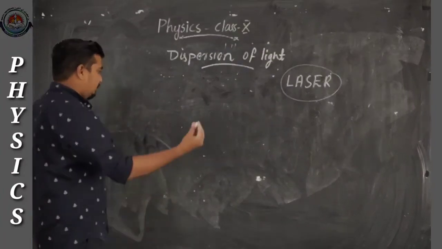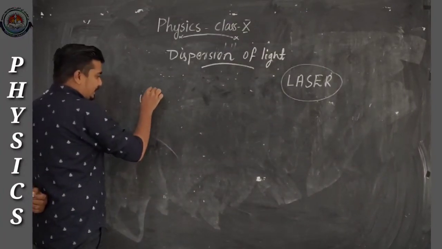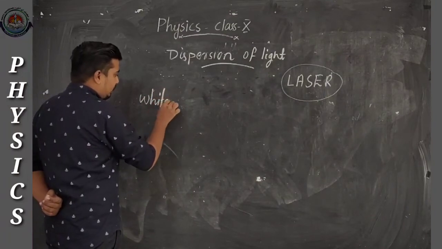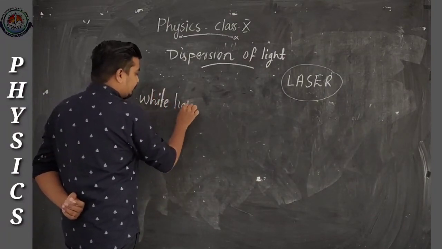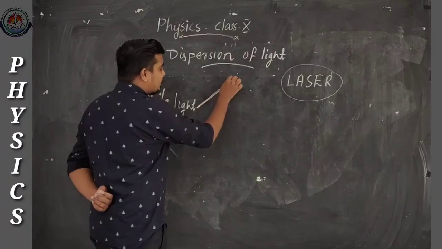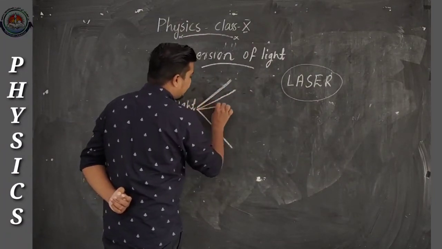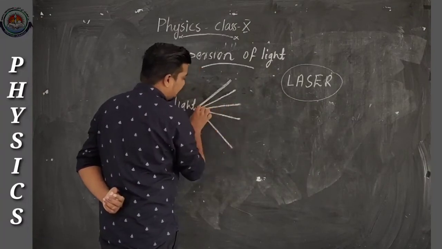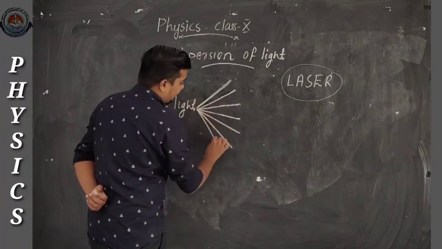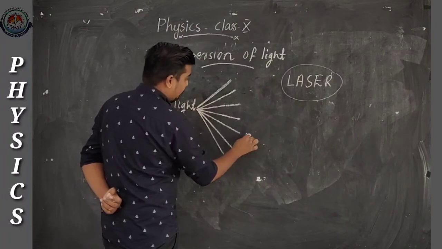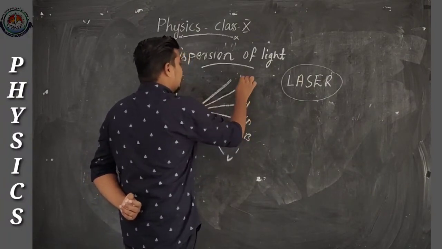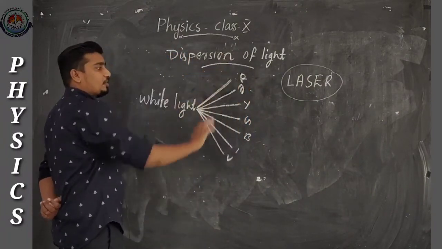For example, the white light is splitting into its component colors or constituent colors. It is called dispersion of light.